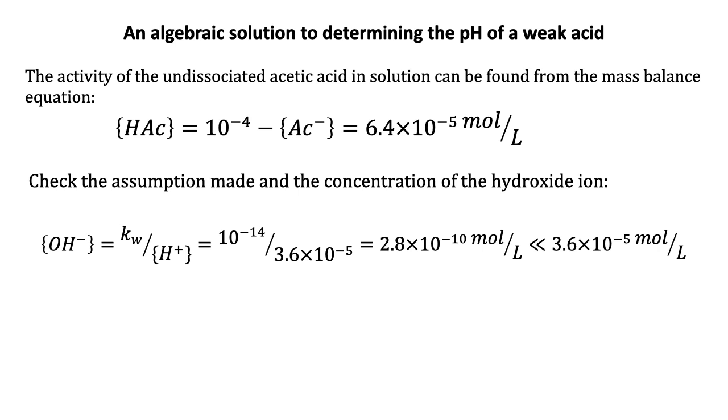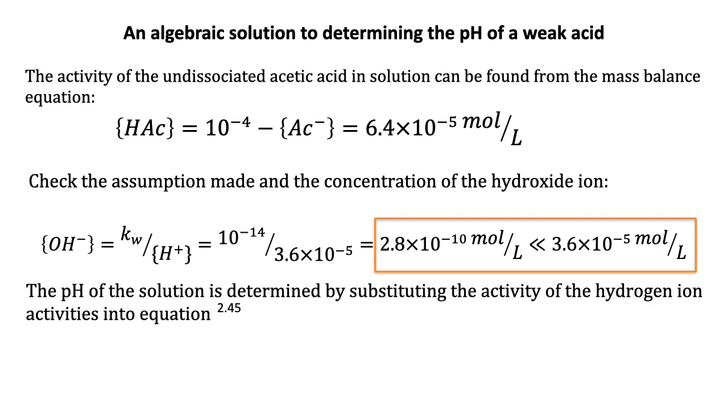So the hydroxide ion concentration is equal to the water constant, 10 to the minus 14, divided by the concentration of protons, H+, in solution, which we previously determined was 3.6 times 10 to the minus 5. 10 to the minus 14 over 3.6 times 10 to the minus 5 gives us a value of 2.8 times 10 to the minus 10, which is much, much less, approximately 5 orders of magnitude less than 3.6 times 10 to the minus 5. Thus, our assumption that the OH- was negligible is valid, and we can accept that assumption.